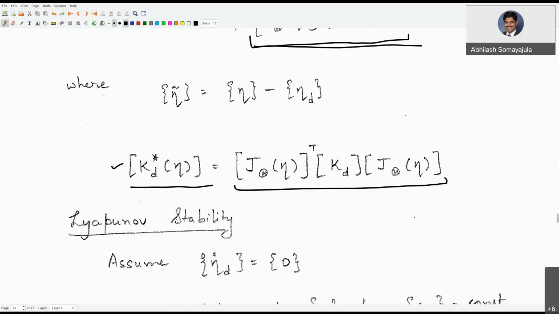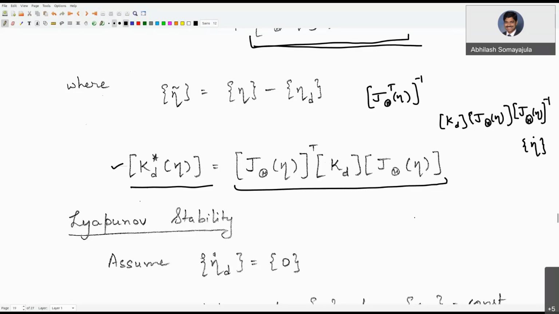So when I'm trying to understand what is happening, I'll get J theta transpose inverse pre-multiplied by this fellow, so those two will cancel out. And what will be left is KD times J of theta times J theta inverse times eta dot.